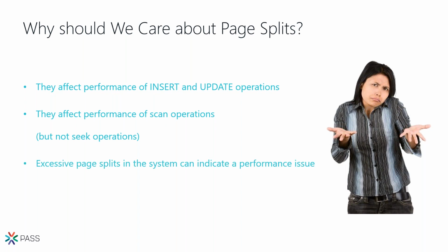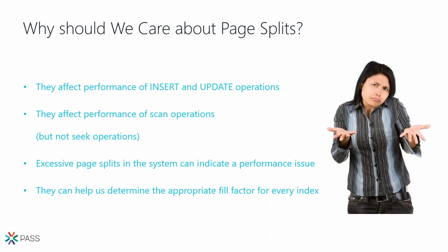The next thing takes us more to the monitoring part of this session. If we monitor the system and we see a lot of page splits, we see that the number of page splits increases over time, then this might indicate a performance issue and something that we need to do something about. So it's a good thing to monitor page splits.